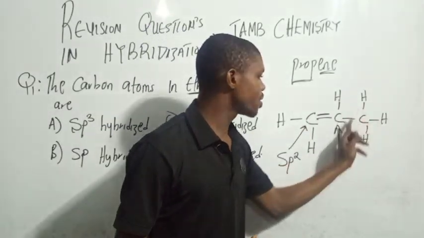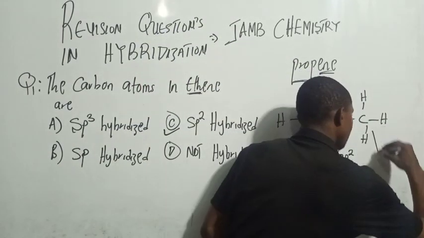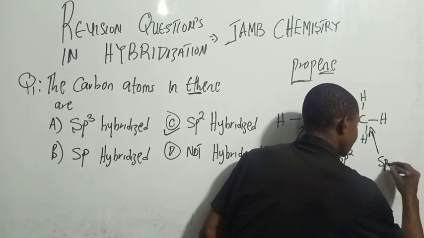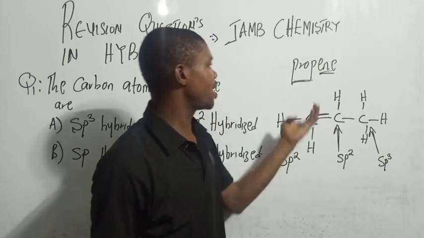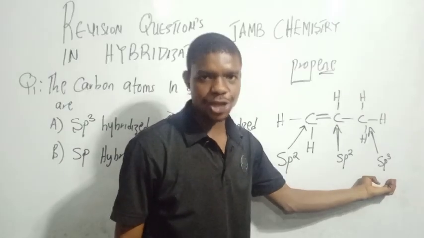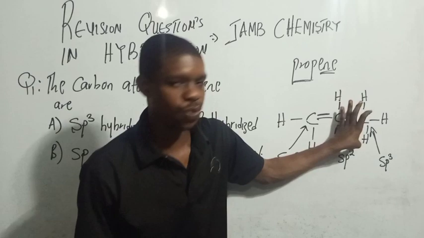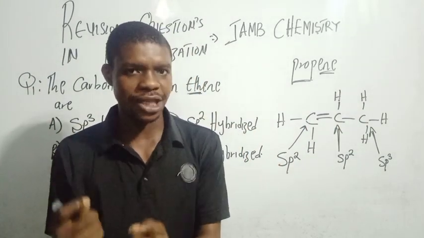They are all single bonds. Because that single bond here is sp3. Do you get that? The hybridizations in propene are sp2 and sp3. So I just use this one to explain to you so that you get the concept. Do you understand?